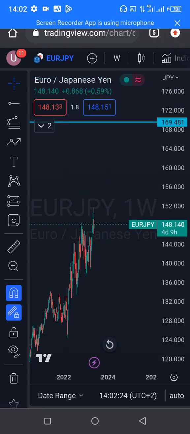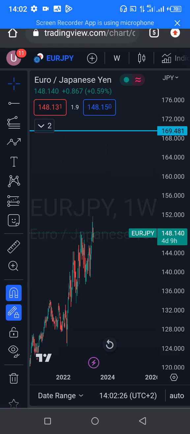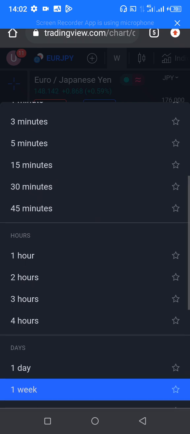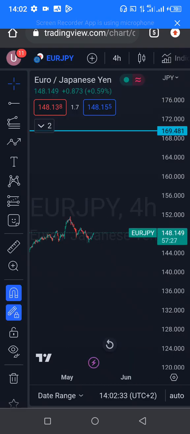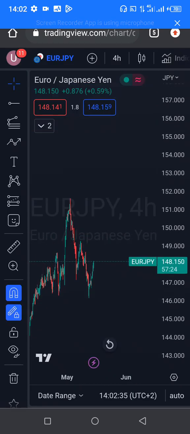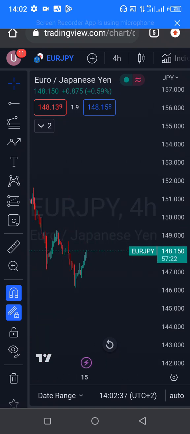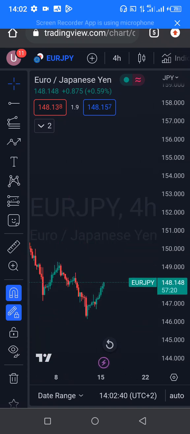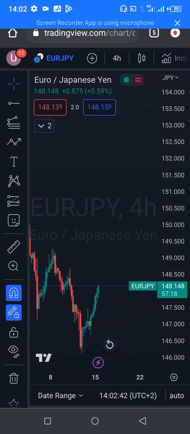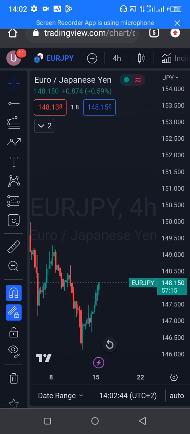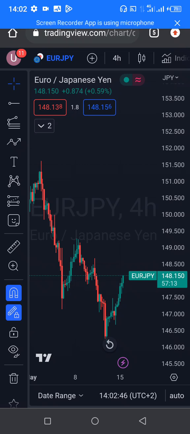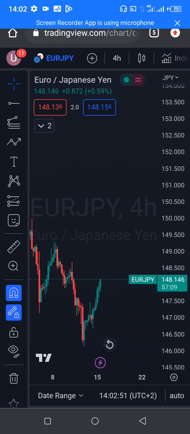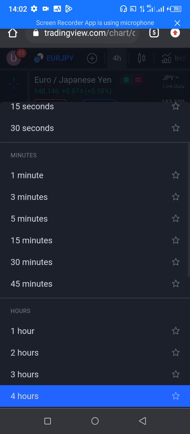So we are on an uptrend, which means we are looking for buy setups. Let's go to our 4-hour. I'll go to 1 hour so that I can see clearly what's happening.